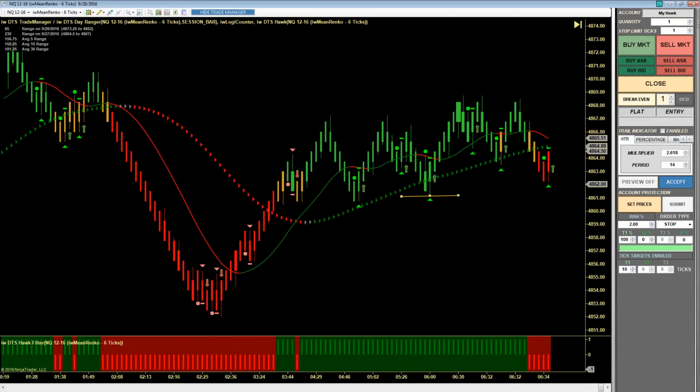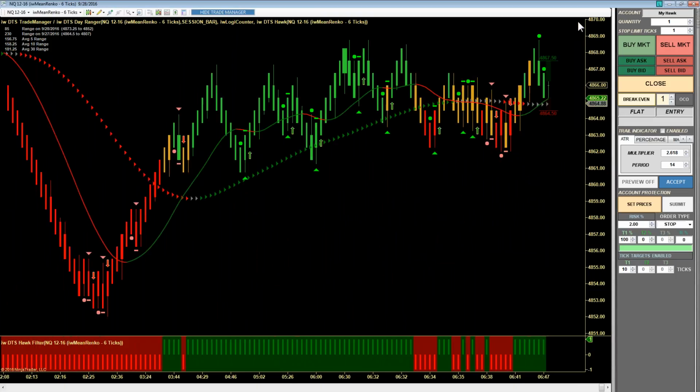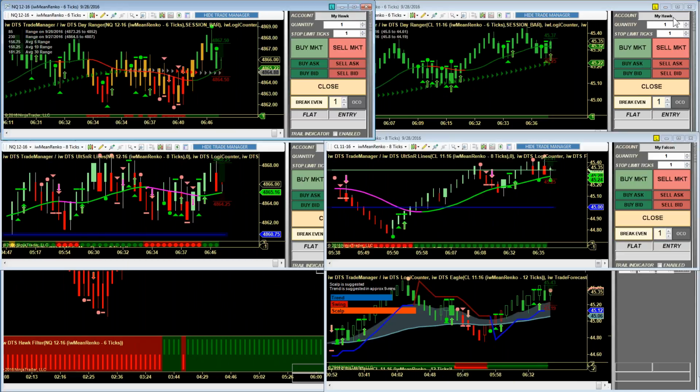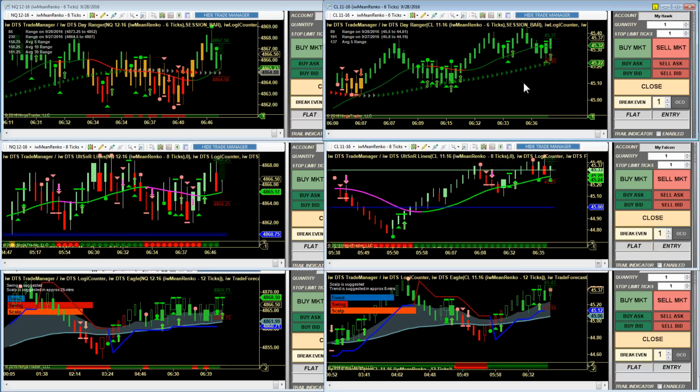I hope that makes sense. Because that's one thing I see people doing all the time: they will strangle their trades. They'll keep their stops so tight that the trade never really has a chance to get to its profit objective, which is a shame.